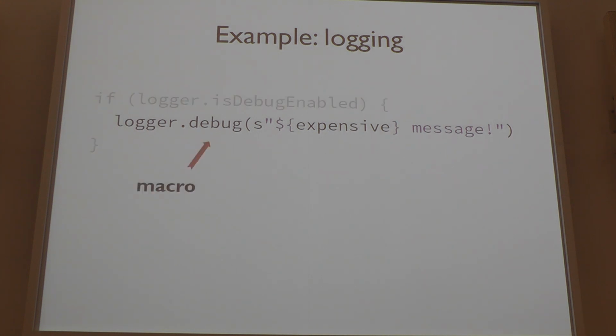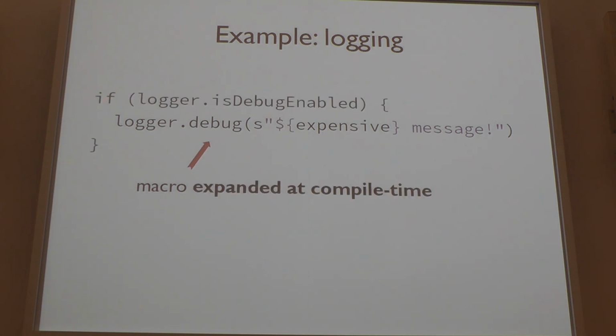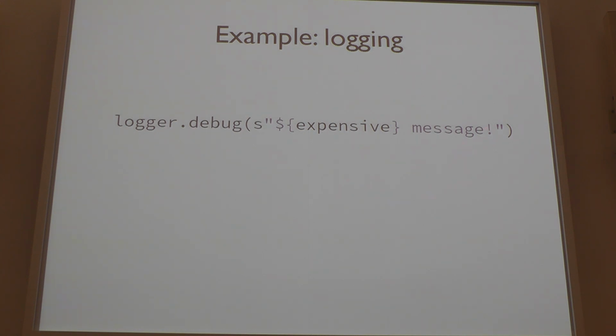What you can do in Scala 2.10 is write a macro called debug, and this macro will get the abstract syntax tree of this expression, and it can generate this whole code for you. So in the end, it will be the same thing as if you had written it, but the code looks simpler, like this.